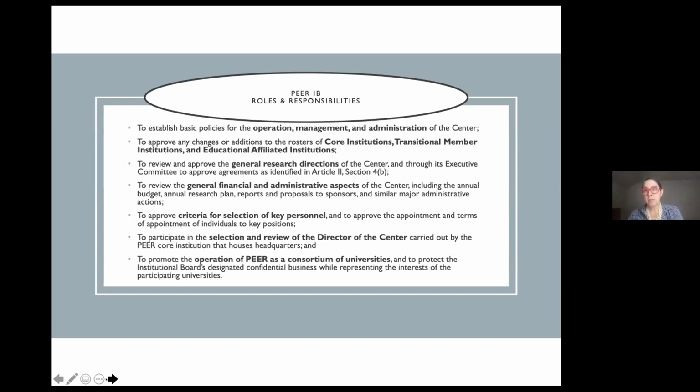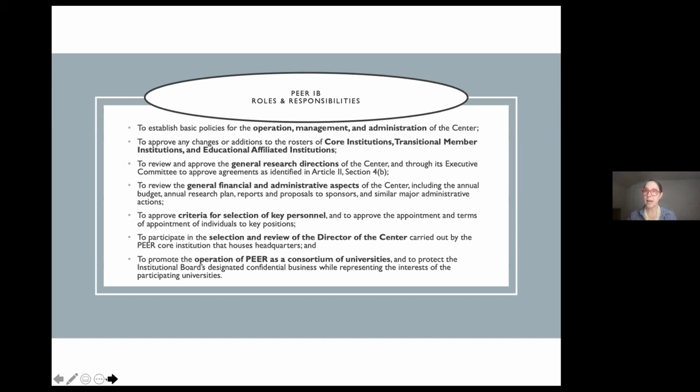The thing to me that's the most important thing that we need to do that I don't think we've been doing as well as we can is really to ensure that PEER is operating as a consortium of universities. So that is that each of us who are within the core institutional members are going back to our faculty and telling them what is happening in these board meetings.